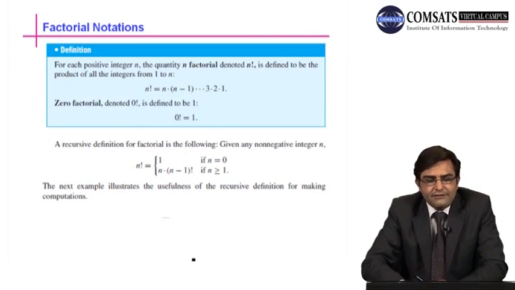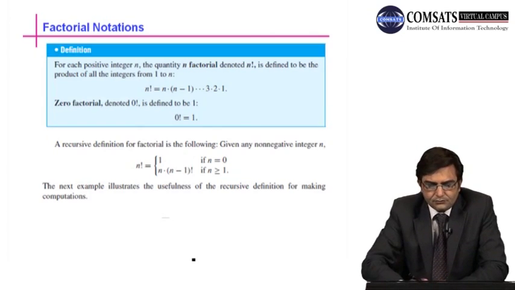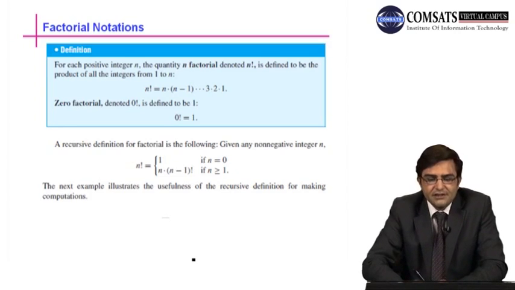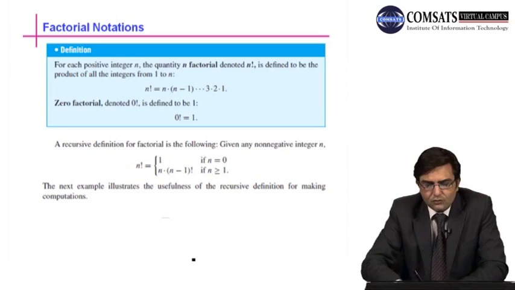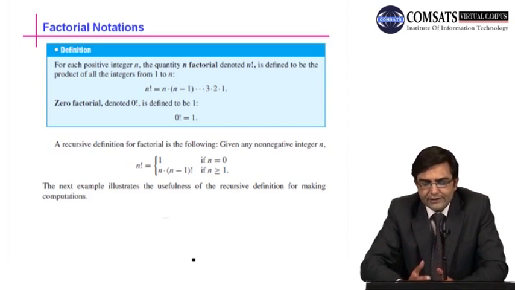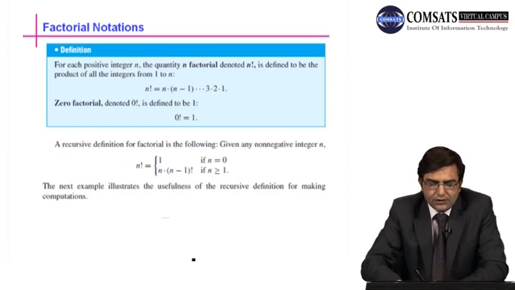The next is the factorial notation. What is the factorial notation? We shall discuss the significance of this factorial notation when we study counting and probability. In this lecture, we shall only discuss what is factorial notation and how we calculate different factorials.